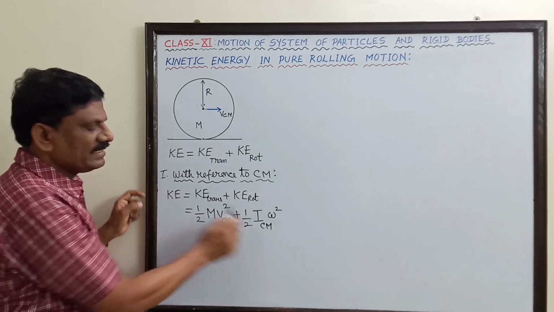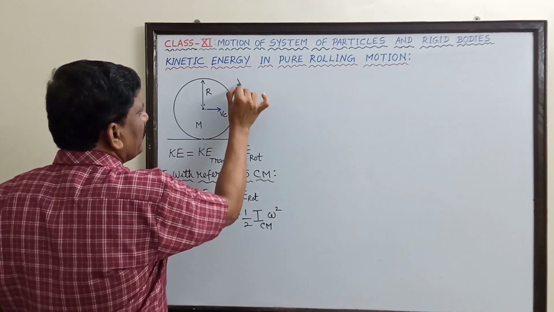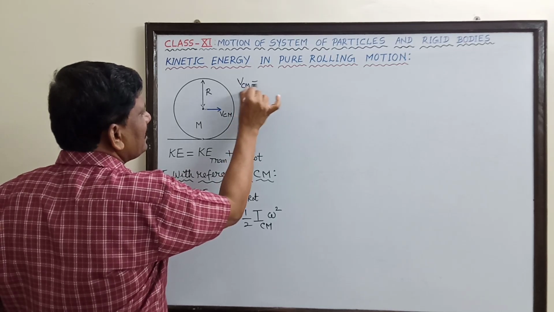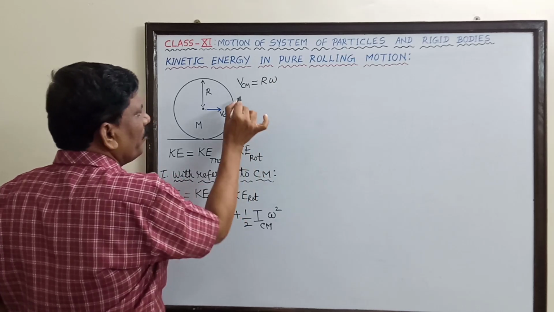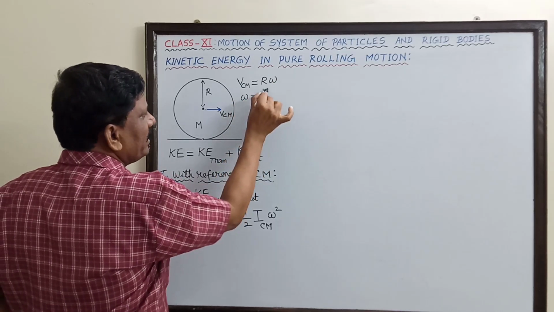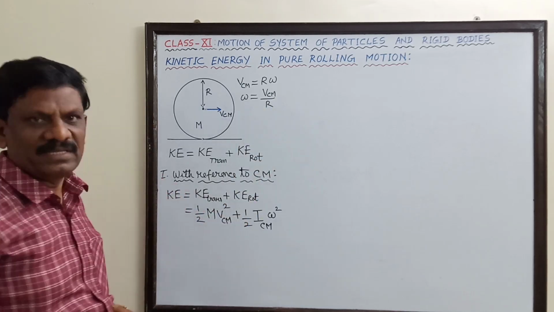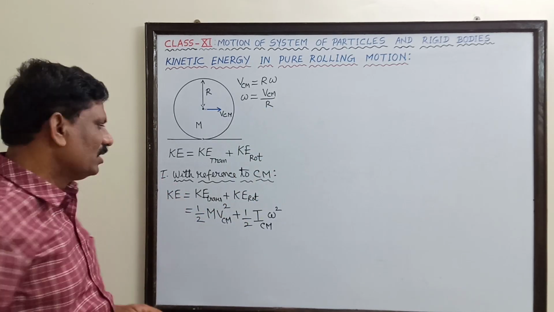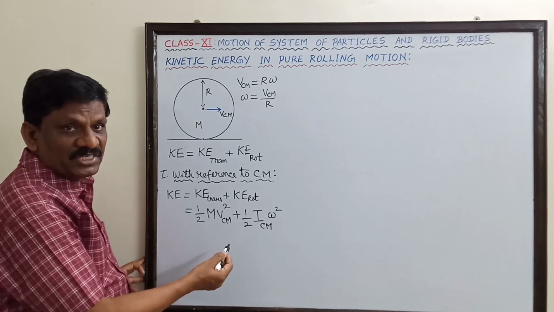So here half I cm into omega square. But we know that V center of mass is equal to R into omega. So omega is equal to the velocity of center of mass divided by the radius. Moreover, here we have to substitute I cm.